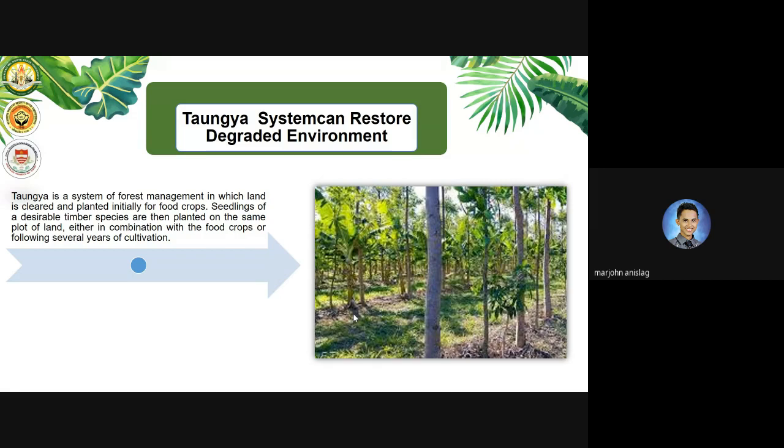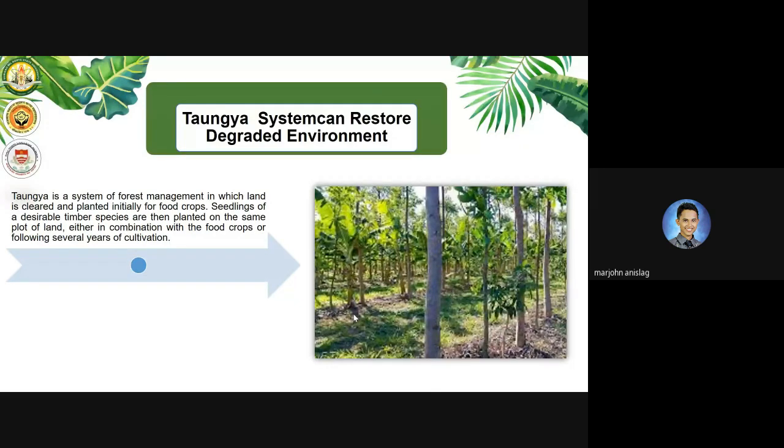Taungya is an agroforestry farm practice in which land is cleared and planted initially with food crops. Seedlings of a desirable timber species are then planted on the same plot of land, either in combination with the food crops or following several years of cultivation.